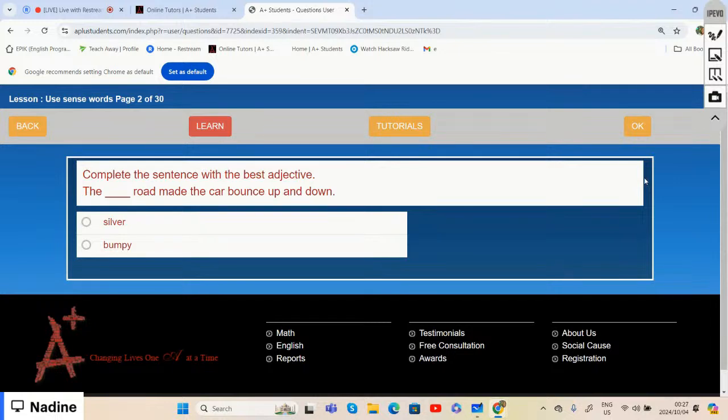So which one is the correct option? Do we say the silver road, option one, or do we say the bumpy road, option two?